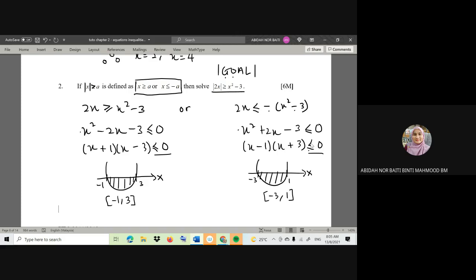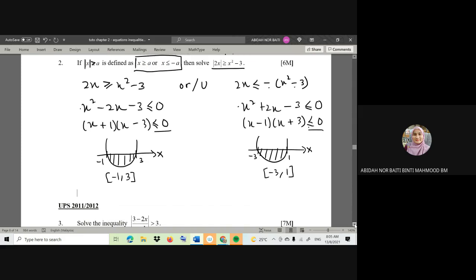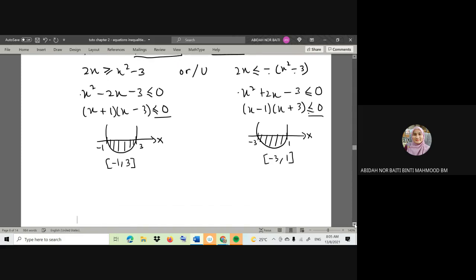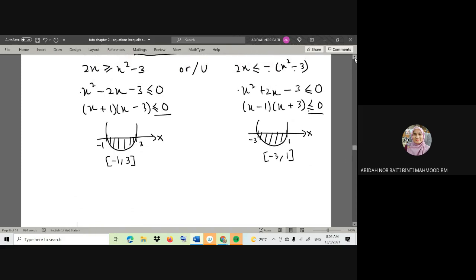And now this is or, is union. Okay, so we use number line to combine all these answers ya. Kita guna number line to combine jawapan, dua jawapan tu. So on your number line, we start from -3, -1, 1 and 3.